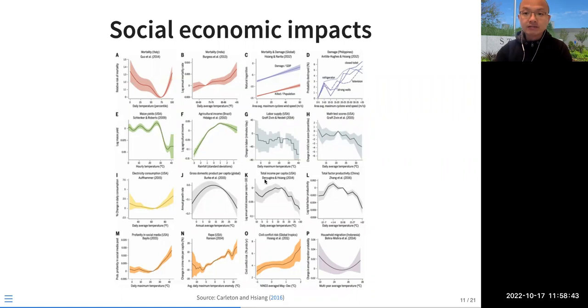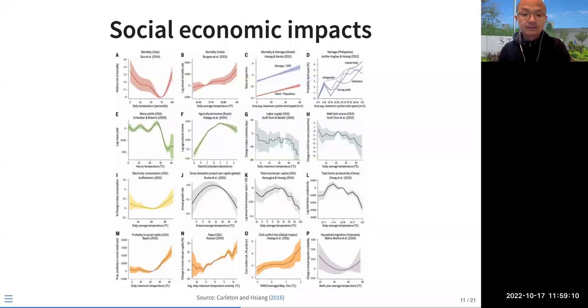Those charts have a very similar design, right? The horizontal axis is usually the temperature, and the vertical axis is the impacts, and you would observe a tipping point, which is very often the most comfortable, most productive temperature for humans, for example.